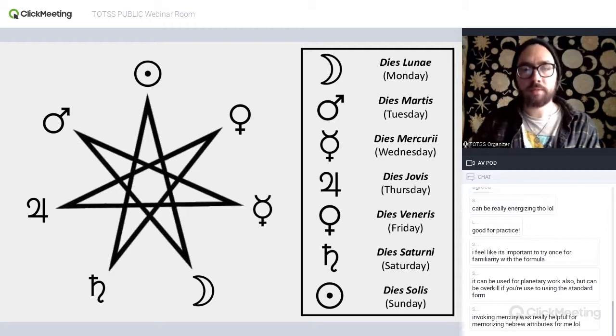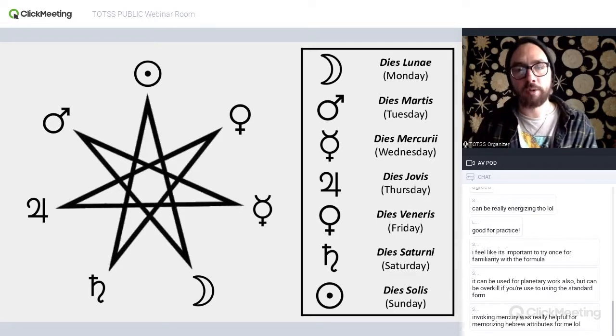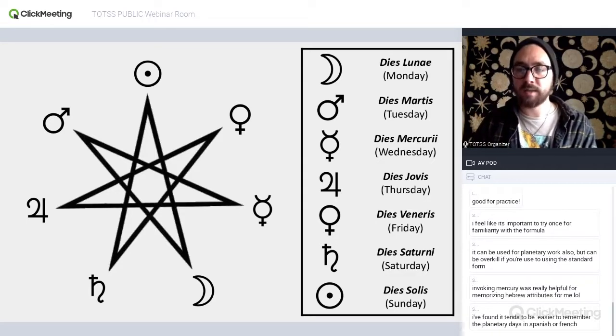Now, you can see this more clearly on the right. In Latin, the names of the days are literally the day of the Moon, the day of Mars, the day of Mercury. In French, you can really see that it's still right in the language. They call Tuesday mardi, from Mars day.